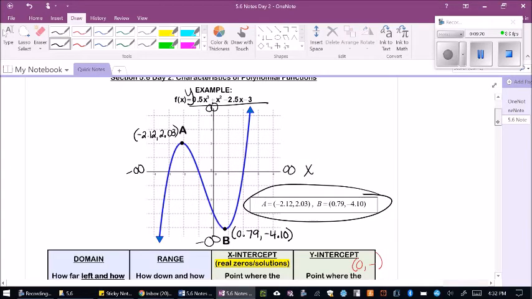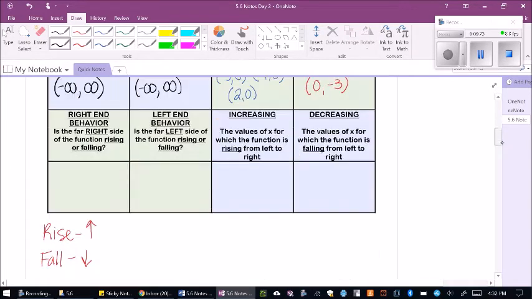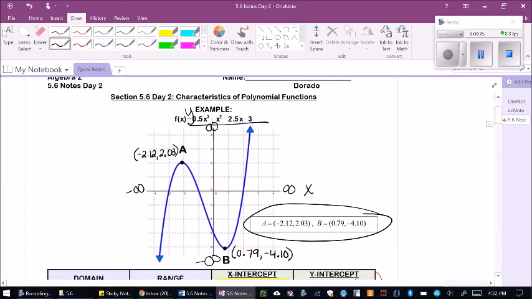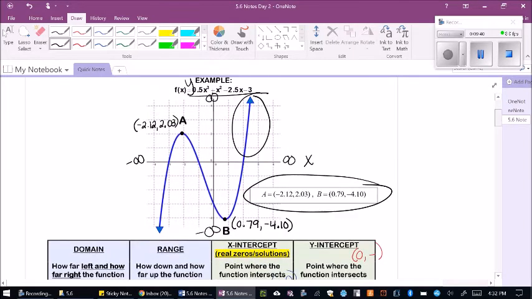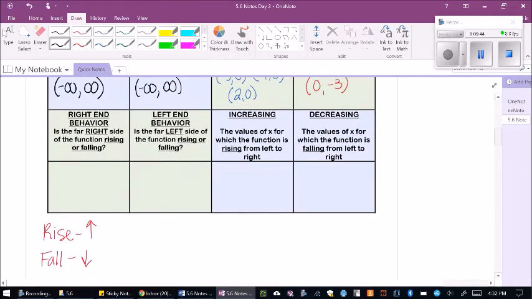So we're looking at the right side. And so the right side is over here. So I want to look, is that arrow pointing up? Is that arrow facing down? And I'm going to see that the arrow is pointing up. So that would be that it is rising.